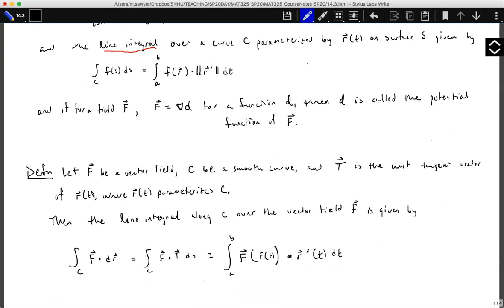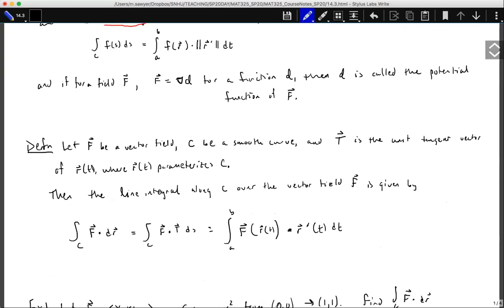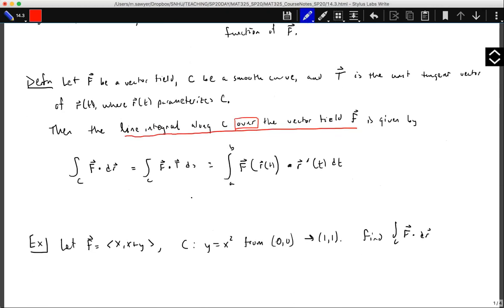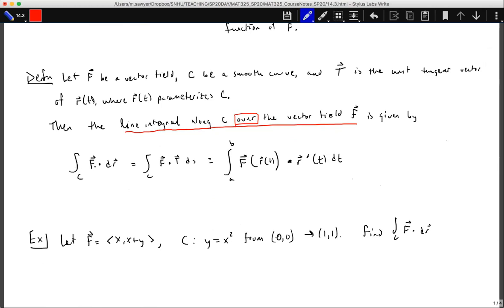So let's let F be a vector field. C is a smooth curve, and T is the unit tangent vector of r of t, where r of t parameterizes the curve C. So we say that the line integral along C over the vector field F is given by the integral over C of capital F dot dr. Remember, the vector field is given by a capital letter, which is equal to the integral from a to b of capital F evaluated at r of t, dot the velocity vector r prime of t dt.